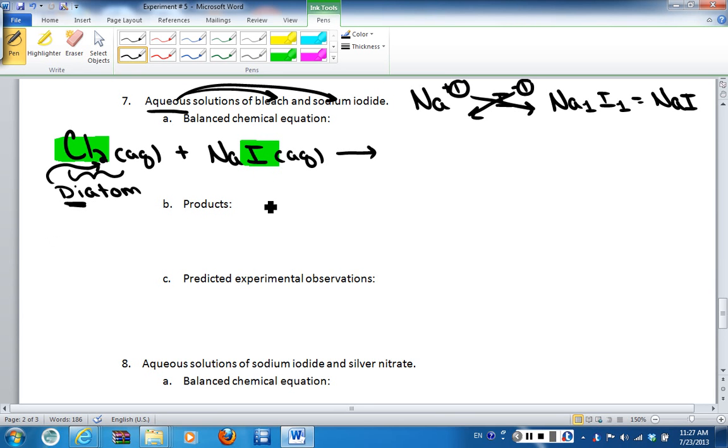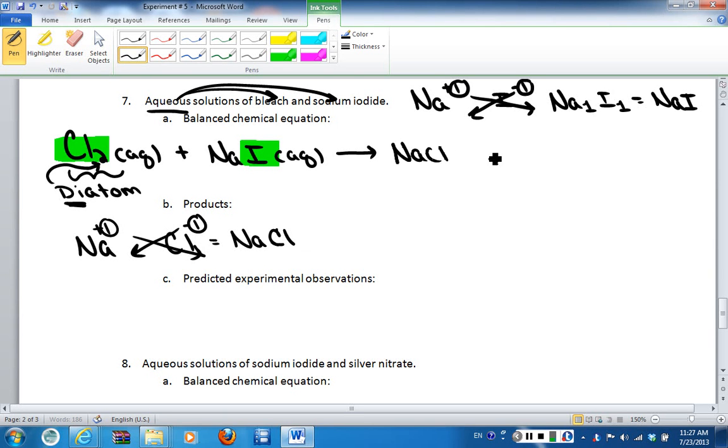So when that happens, we're going to have the sodium, which we know has a +1 charge, pairing with chlorine, and you know that chlorine has a -1 charge, all by itself. So when we form this chemical formula and cross our numbers to get our new subscripts, we're going to get NaCl. So we have NaCl forming, and we know that this is aqueous.